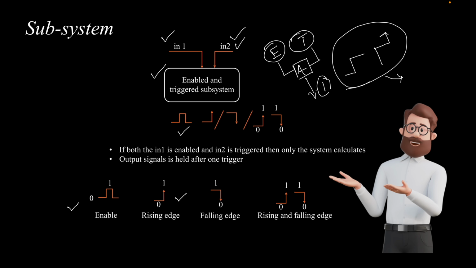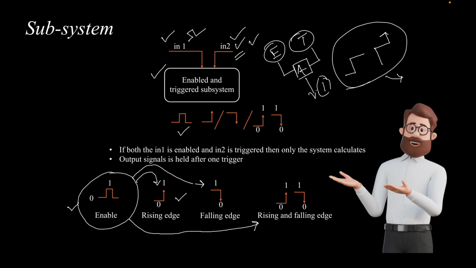But for the trigger, you can have this one fixed, and you can add either the rising edge, which could be the behavior for the second signal, or the falling edge, which could be the behavior of the second signal again, along with the enabled signal. And the third possibility is you can have both the edges, falling and rising, along with the enable one. So that is how you can design this based on your requirement.